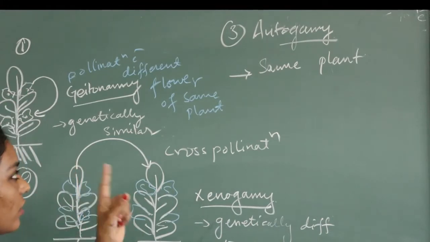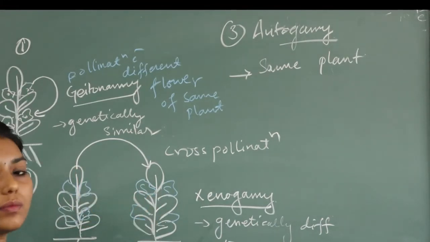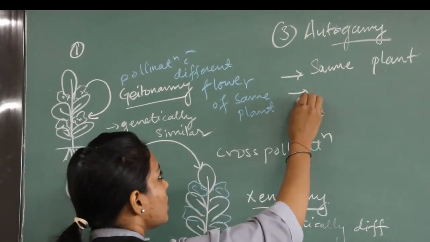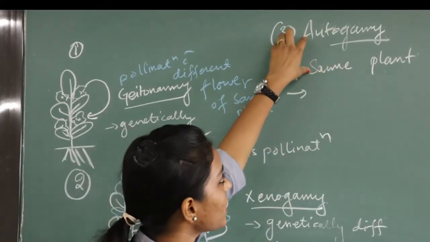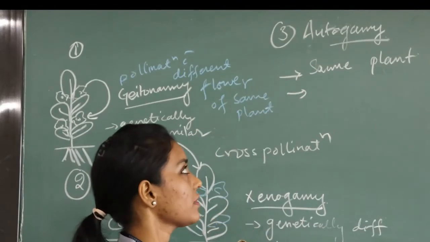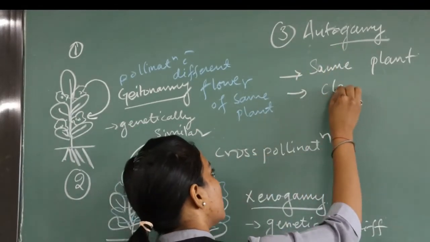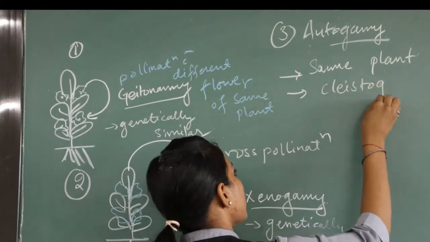The plant is the same, but they are not having pollination with a different flower of the same plant. To obtain this, two conditions which favor autogamy are cleistogamy.